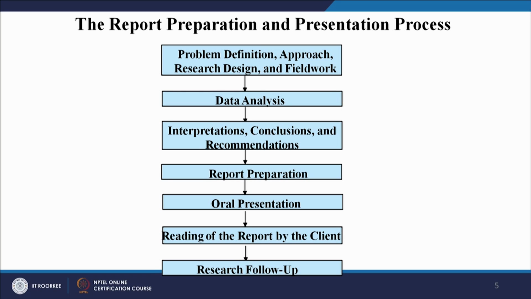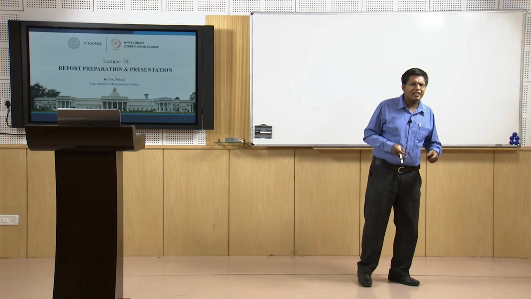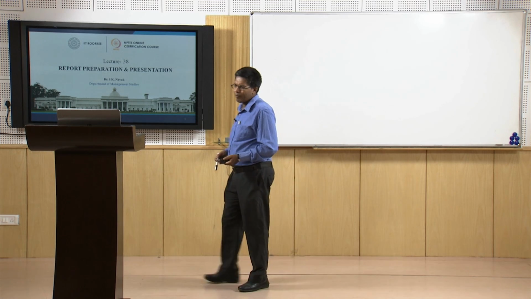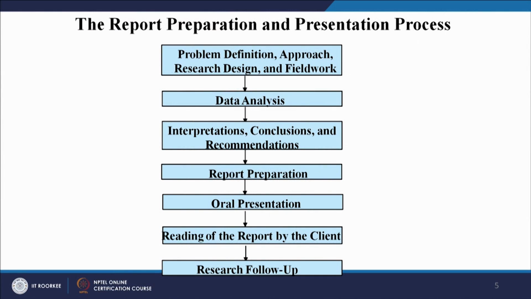So, the researcher interprets the data, concludes, and then starts recommending, right. He makes the report preparation, a tangible hard copy or could be soft copy also. Then an oral presentation, reading of the report by the client, and finally the research follow up.